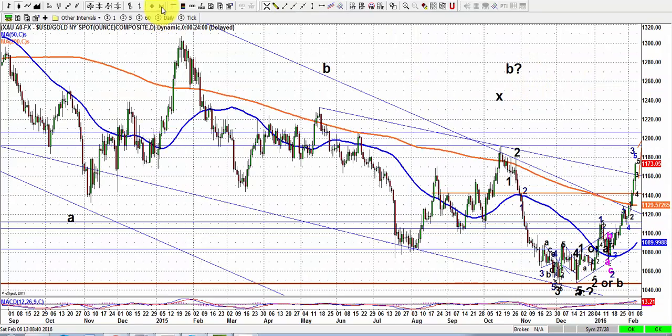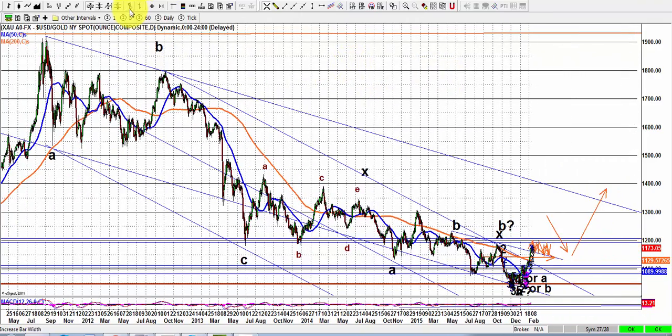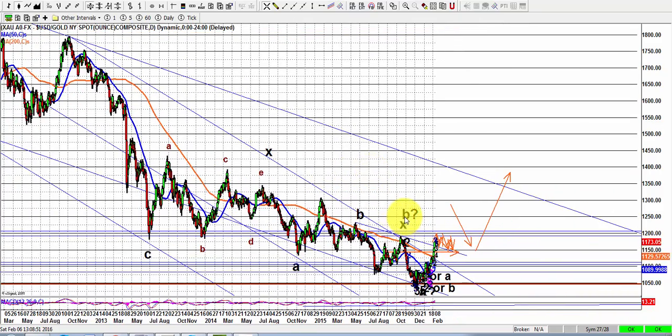This is gold. This is the daily scale of gold. And we have worked with the idea that that's an A, B, C, X, A. And we were wondering whether this is a B ending here, and that's opening the gate for a C to terminate right here and give us basically a bottom.